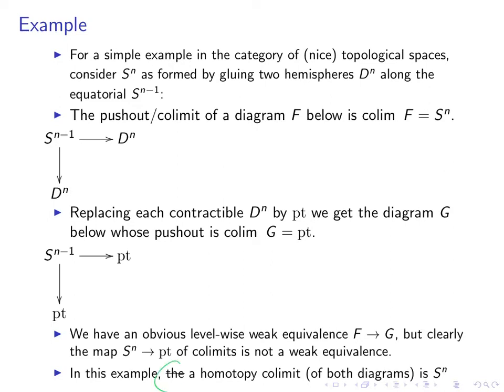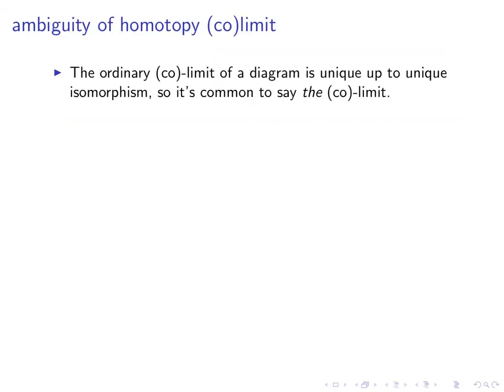I purposely crossed out the "the" here because, as I'll explain on the next slide, the homotopy colimit is not defined up to unique isomorphism. The ordinary colimit or limit, that's what my notation of co in parentheses means, of a diagram is unique up to unique isomorphism, so it's common to say the colimit or the limit.